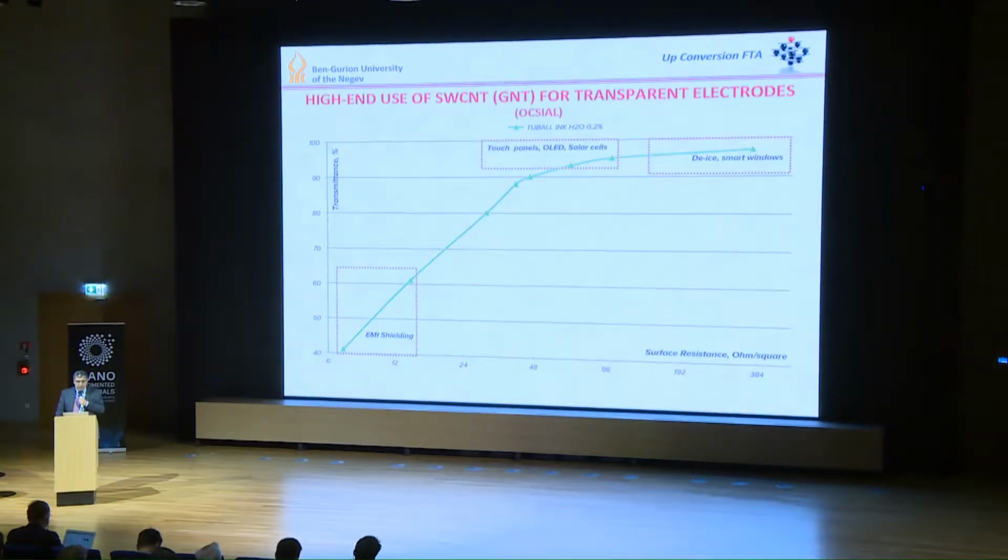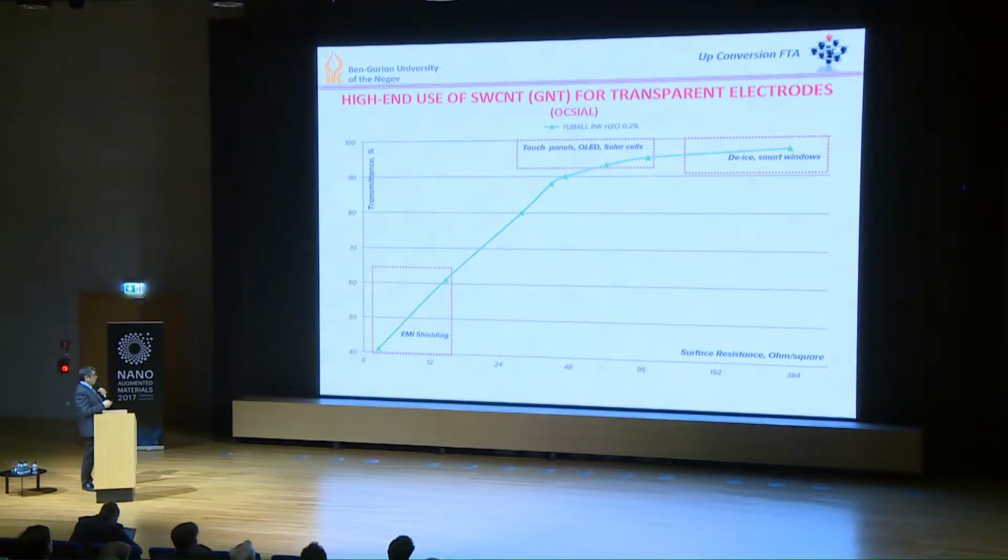And also a possible combination that I will elaborate on, which is between graphene and carbon nanotube. And at the end of my presentation, I will show you one example that we are using a carbon nanotube as a transparent cathode.